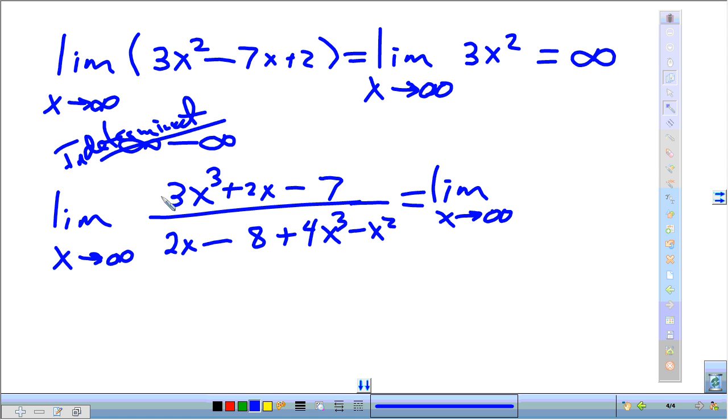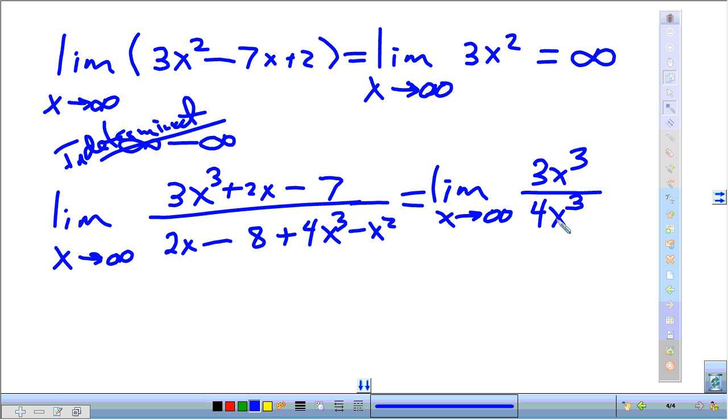The polynomial expressions I'm allowed to replace by just the leading term. So 3x cubed plus 2x minus 7 I can replace by 3x cubed. 2x minus 8 plus 4x cubed minus x squared I can replace by its leading term being 4x cubed.